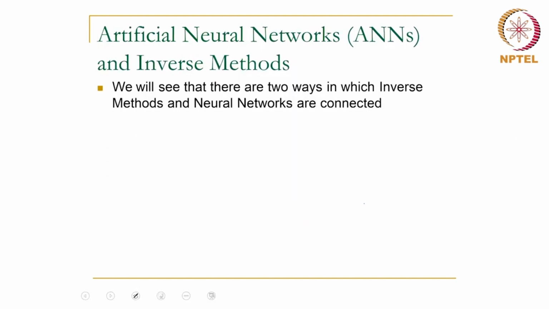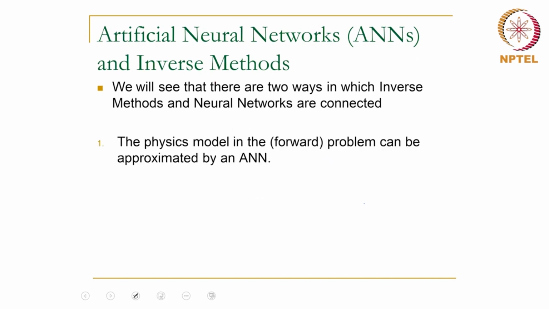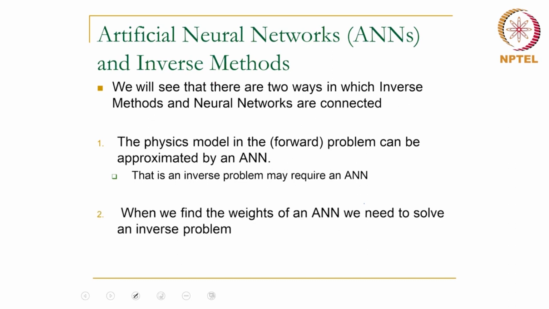There are two ways in which ANNs are connected to inverse methods. The physics model in the forward problem can be approximated. That is, we can create a data model or a surrogate model for the forward problem using an ANN. So solving an inverse problem would require you to use an ANN. Another thing is that the parameters of the neural network need to be solved, again as an inverse problem.